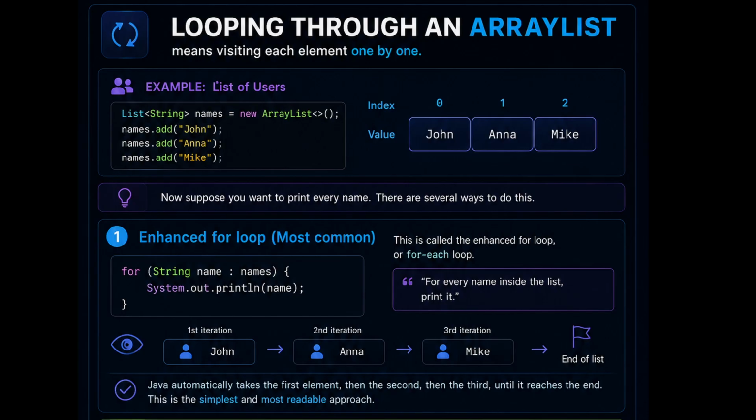This is called the enhanced for loop or for each loop. It means for every name inside the list, print it. Java automatically takes the first element, then the second, then the third, until it reaches the end. This is the simplest and most readable approach.